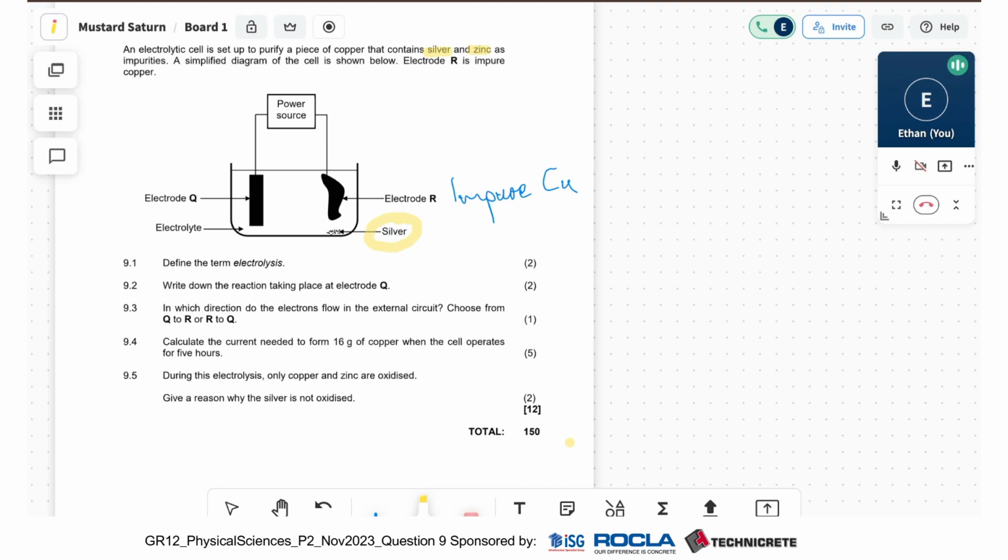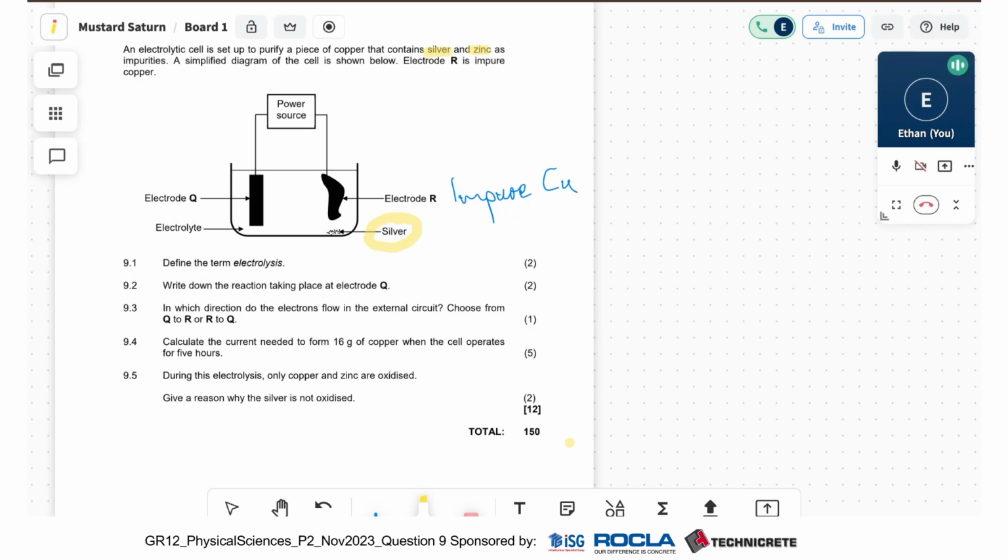And basically, I'd say the best way to purify this electrode is to have the copper that's in this electrode go into solution, and hopefully our electrolyte may or may not have copper, and it deposits at Q. So we need copper to reduce.